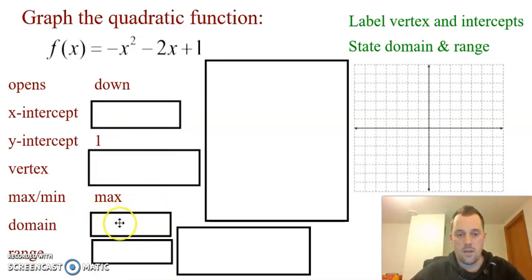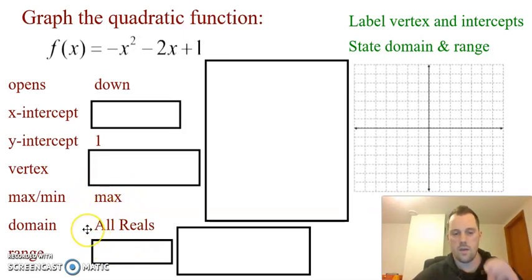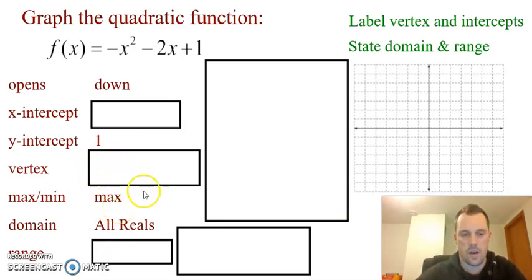My domain is all real numbers. My range, well, I know it's going to be negative infinity up to my maximum y value, but I haven't figured that out yet. So I've got to do a little work with my x-intercept and vertex.